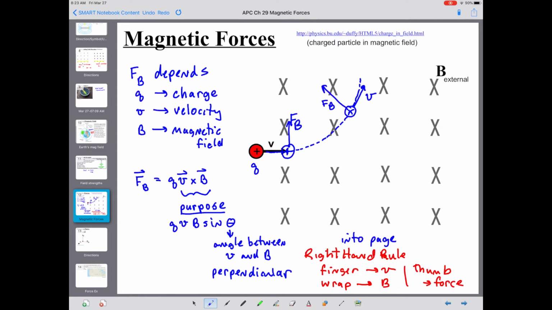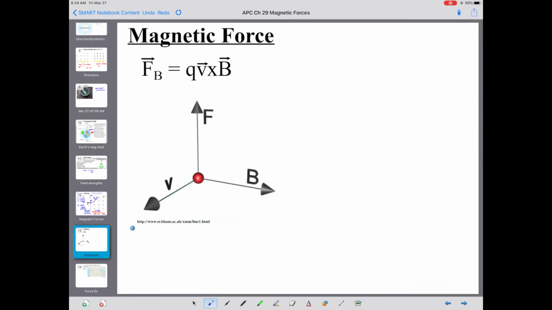And so then what you have is that magnetic force is always changing directions, and it's always going to be pointed towards a central point, and so it will act as a centripetal force. Another way to think of this, QV cross B.